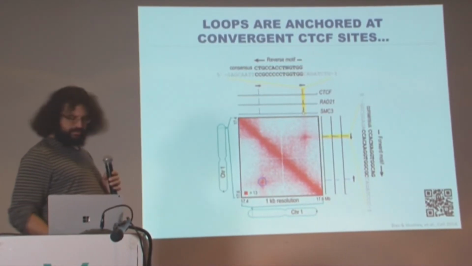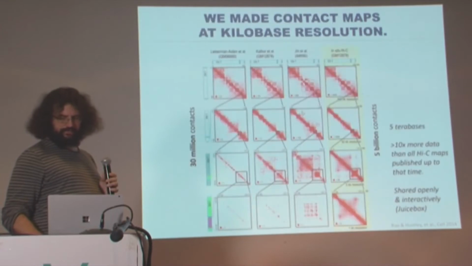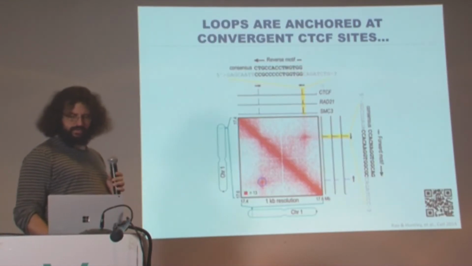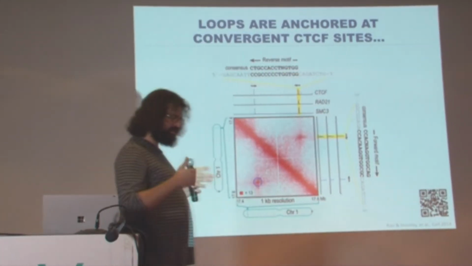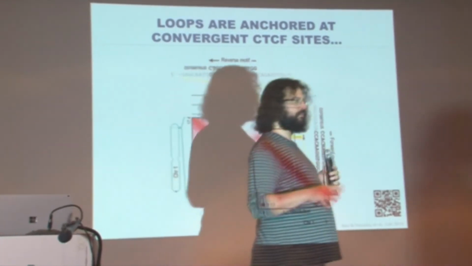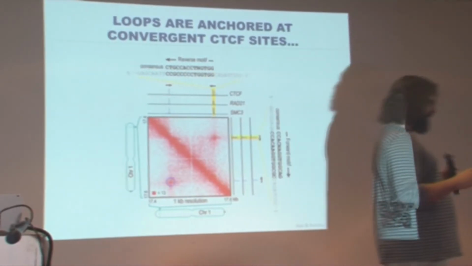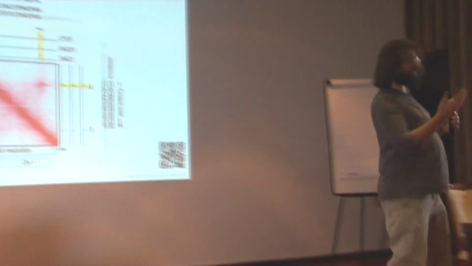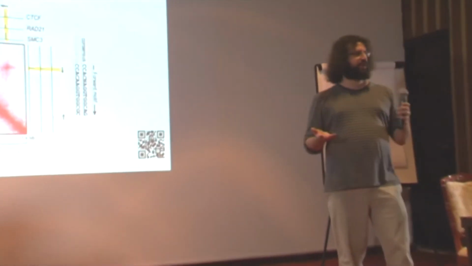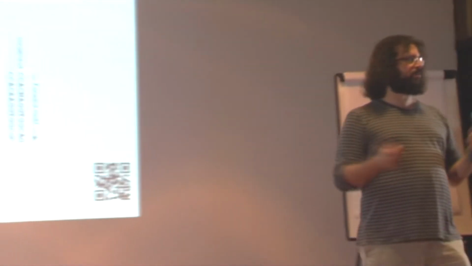Anyway, but the thing that was actually most shocking from all of this was the following fact. So CTCF doesn't bind to the genome willy-nilly. It binds to either one strand or the other, because DNA is double-stranded, right? So this is true with any protein that binds one strand or the other.